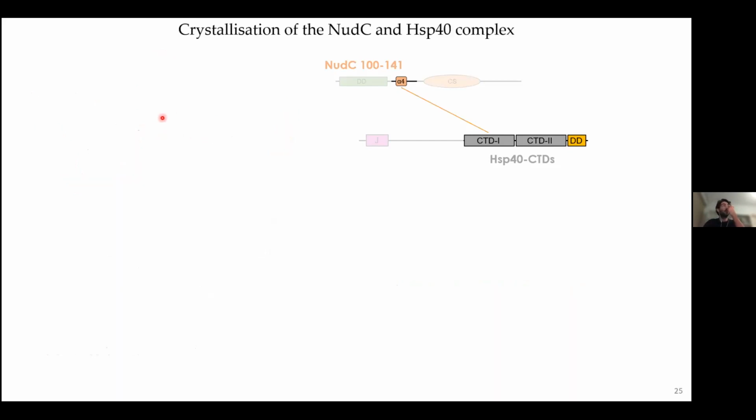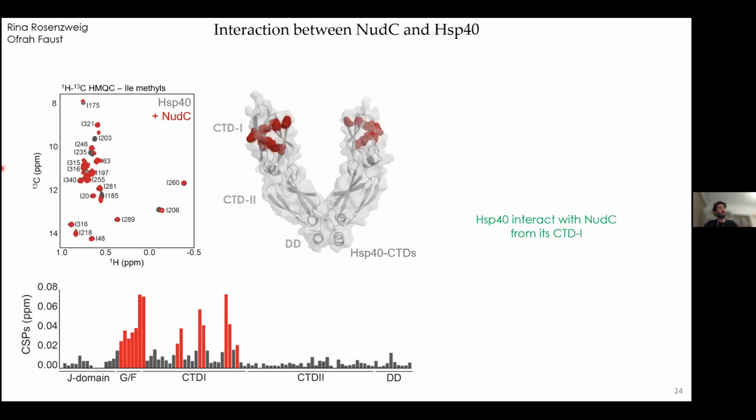What I can tell you is that when we do this experiment, we do not see splitting. So we have a single population that is observed shifted. So it would tell us that both sites of Hsp40 are occupied. So it seems from the NMR that both sites are occupied at the same time by the addition of Nazi.